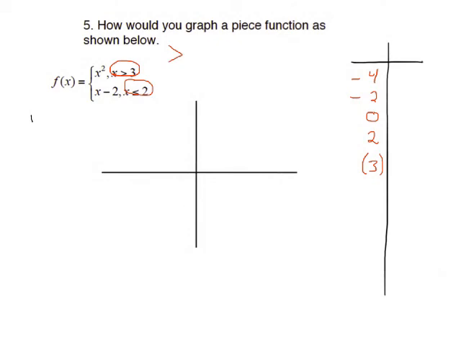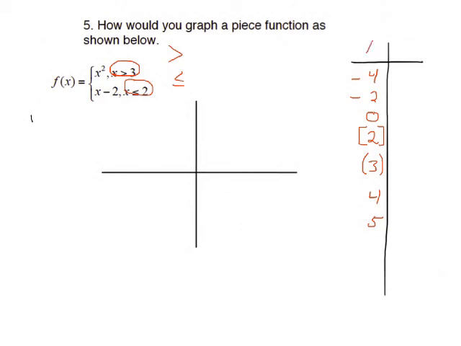Now notice at the 2 right here, it is less than or equal to, so I could put a bracket around that, indicating that I'm going to have a dot on that one. Okay, so it started at 3, and you could go 4 and 5, and probably don't need to go any higher than that because it's getting way large.